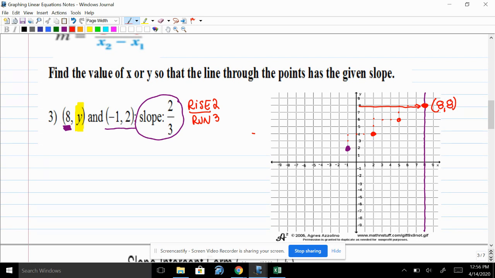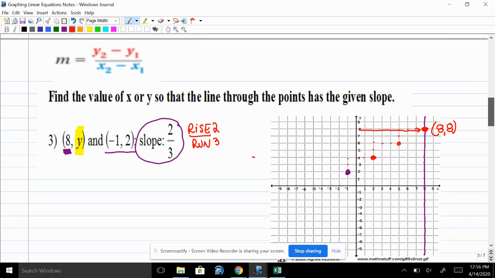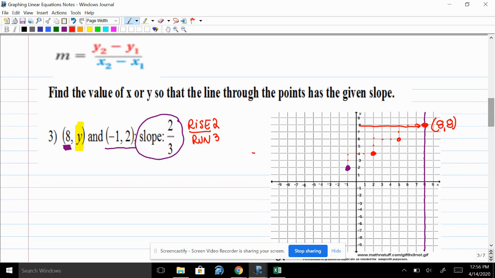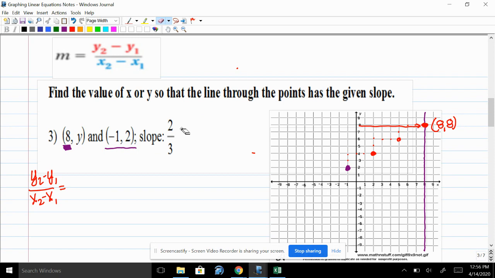Now, if you don't feel like drawing yourself a graph and counting boxes and doing all that stuff, you can use the slope formula to do this as well. The slope formula I have at the top there: y2 minus y1 over x2 minus x1. Going back here, I'm just going to give myself a little space to operate.